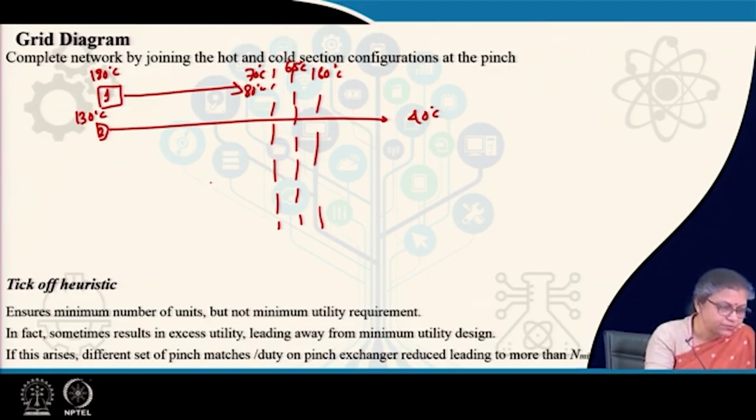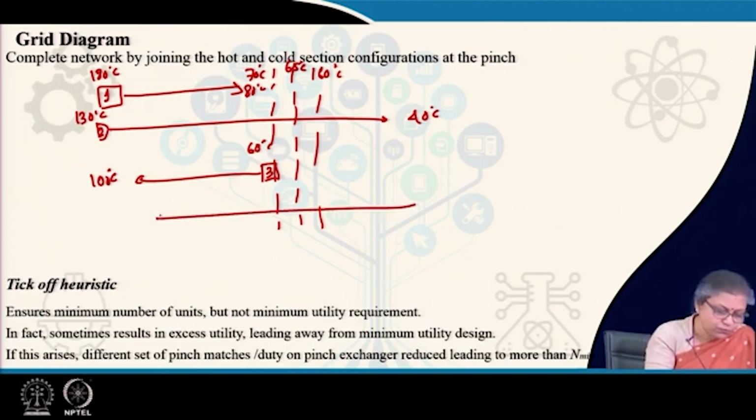Then you are having stream 3, which is going to start from 60 degrees centigrade, then it will last till 100 degrees centigrade, and then you are having stream 4, which is going to start from 30 degrees centigrade, it is going to extend till 120 degrees centigrade, and then the heat exchangers we have already done.